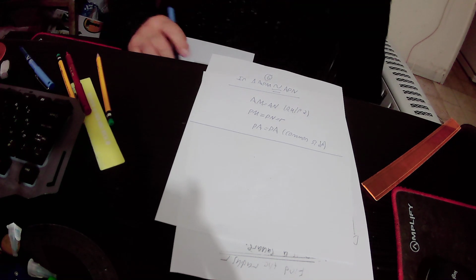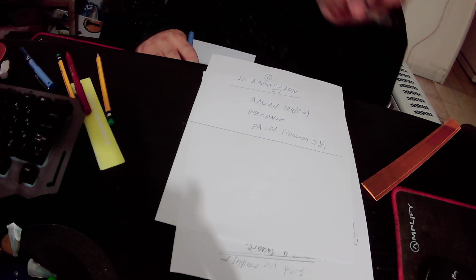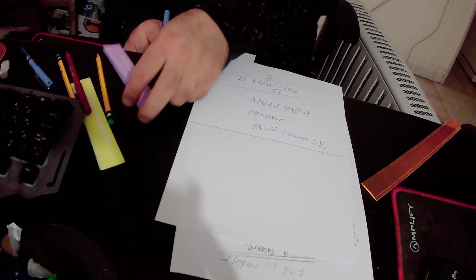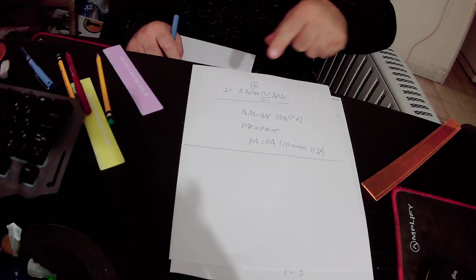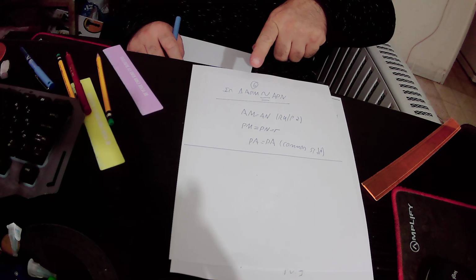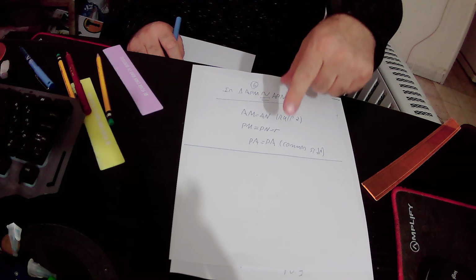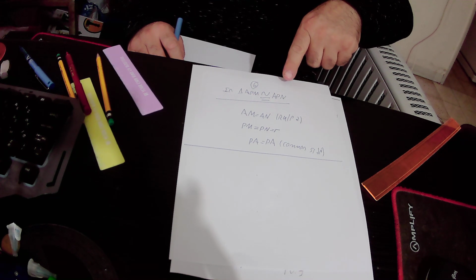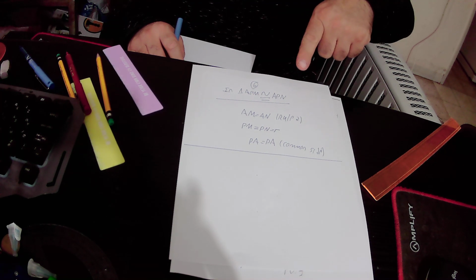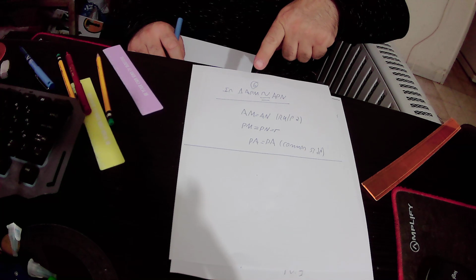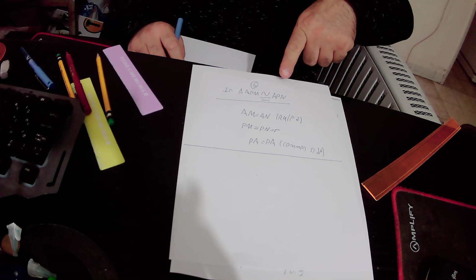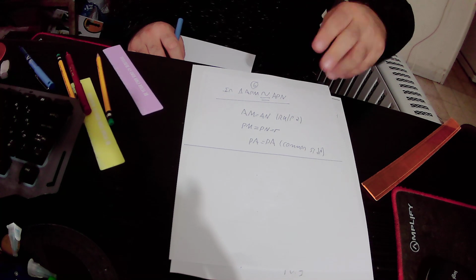It's a common side. So we actually proved that all three sides of the right triangle APM are correspondingly equal to all three sides of the right triangle APN. Therefore, triangle APM is congruent to triangle APN according to the side rule.